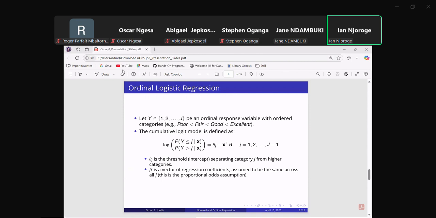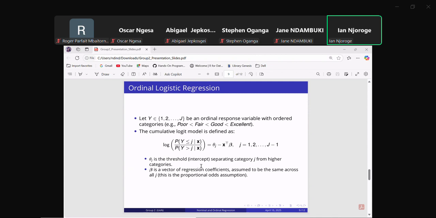So for ordinal logistic regression, let the random variable y be an ordinal response variable with ordered categories, for example poor, fair, good, and excellent. The cumulative logit model is defined as the log odds of the outcome variable y being in category j or below versus being in a higher category, given the predictor variables x, which equals the threshold for category j minus the linear combination of the predictors.